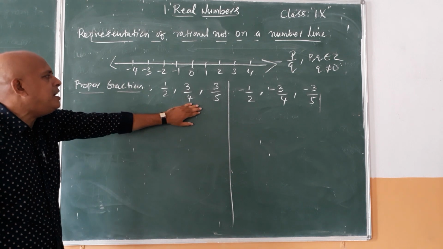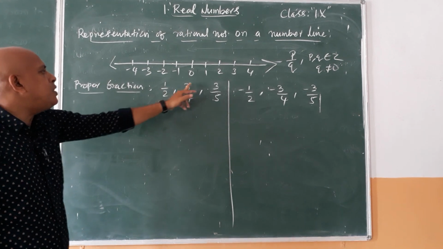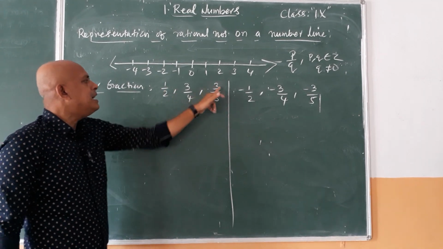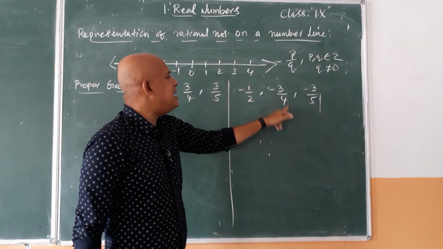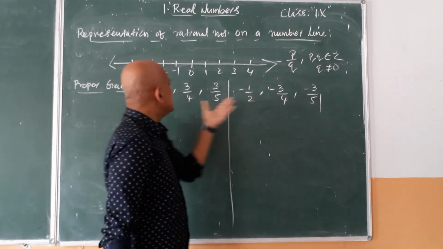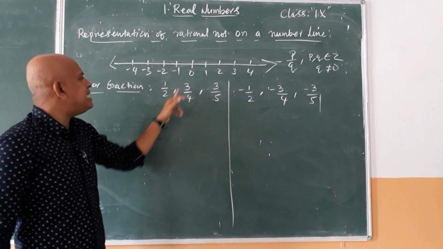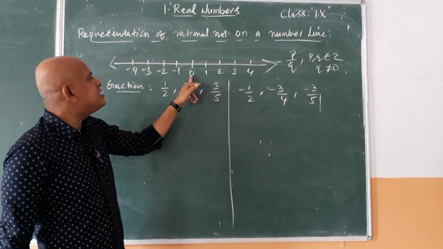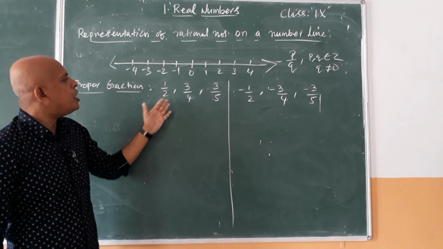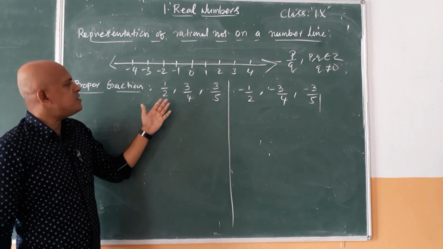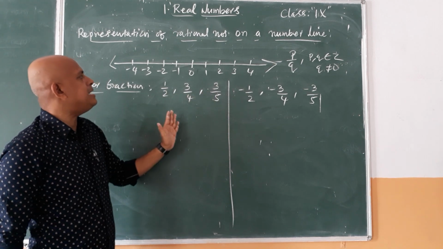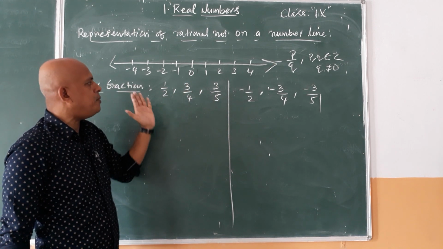Once again, 1/2, 3/4, 3/5 are proper fractions because the numerator is less than the denominator. These are all positive numbers, and these are all negative numbers. Any positive proper fraction, where the numerator is less than the denominator, always lies between 0 and 1. You have to keep this in mind.